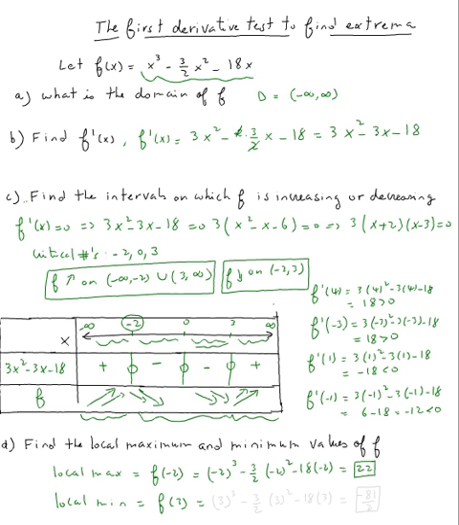And then f of 3 is equal to 3 cubed minus 3 over 2 times 3 squared minus 18 times 3, which is equal to negative 81 over 2. So this is our local min. And that's it for this problem.